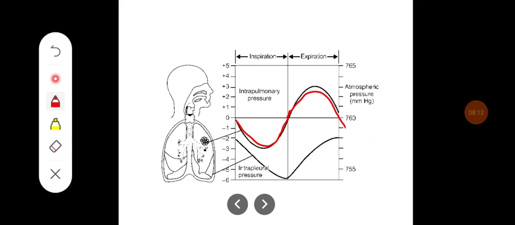But the intrapleural pressure is going to become more negative during inspiration, and it reaches -6 mmHg at the end of inspiration, and again during expiration the intrapleural pressure becomes less negative, and at the end of expiration again it reaches -2 mm of Hg.